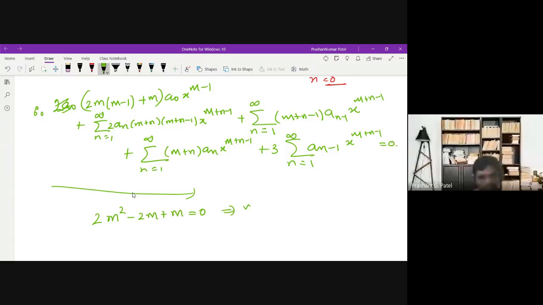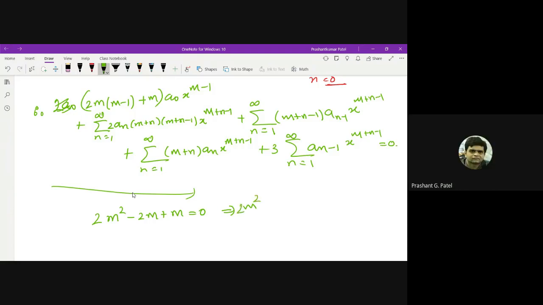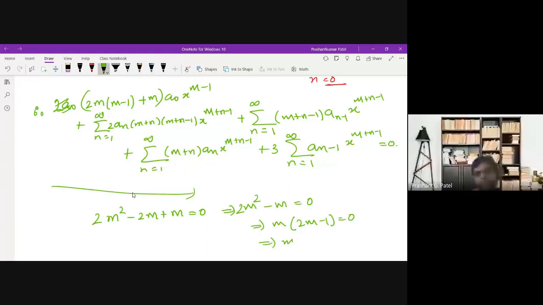So that will give you 2m square minus m equal to 0, and that will give you m into 2m minus 1 equal to 0. So that gives you m equal to 0 and m equal to 1 by 2. These are the two roots of the indicial equation you will have.